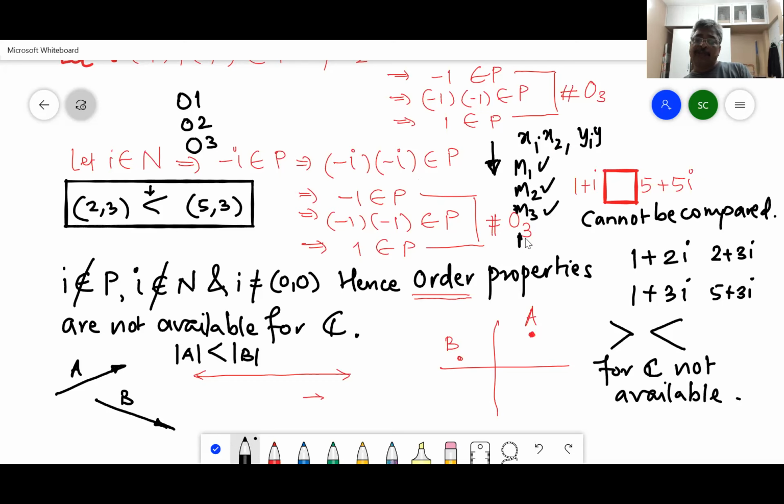The only failure was at M4, and therefore we said we cannot take that multiplication. And of course it was not generating -1. So A1 to A4 must be satisfied for the addition definition. M1 to M4 must be satisfied for the multiplication definition.